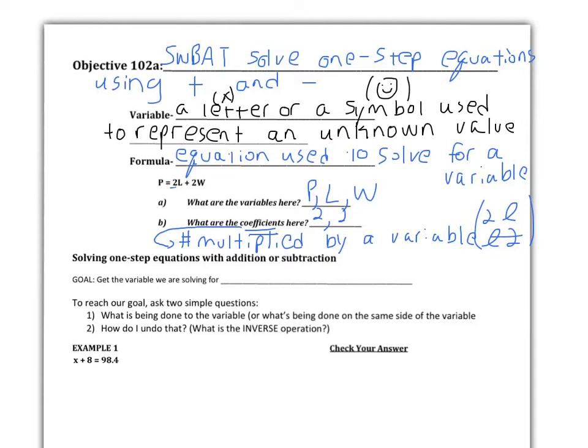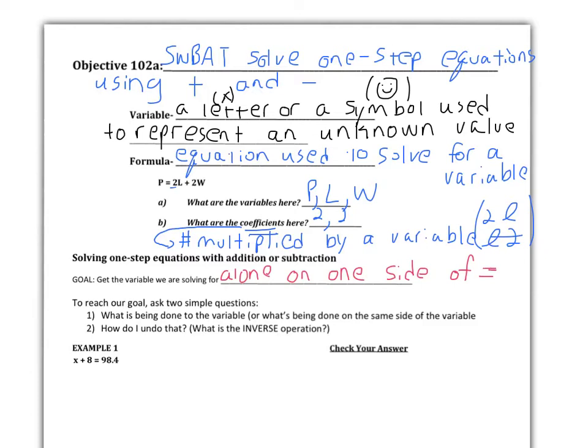Okay, moving right along. Solving one-step equations with addition or subtraction. The goal, when we're solving an equation, is to get the variable we are solving for alone on one side of the equal to sign.